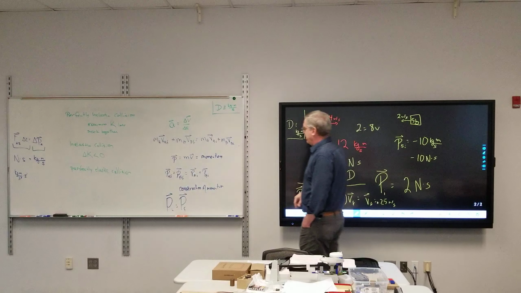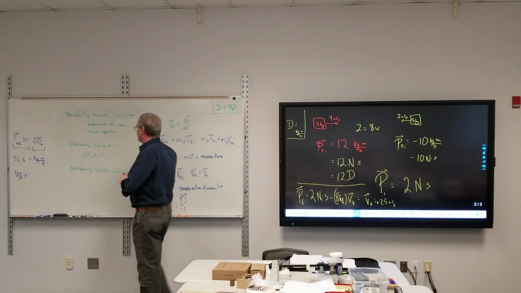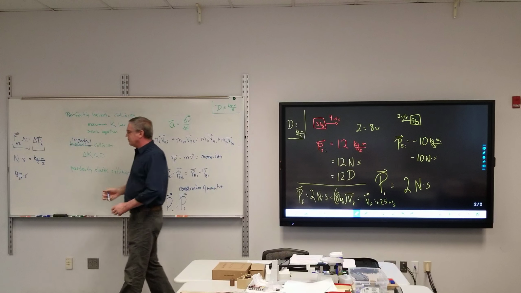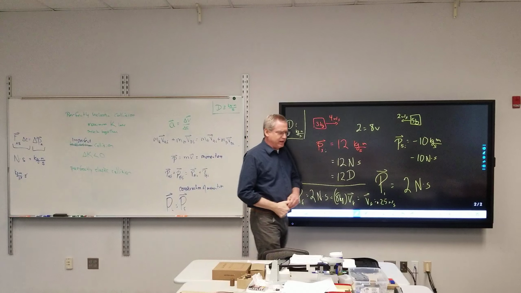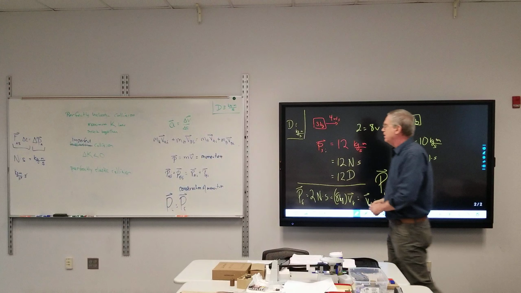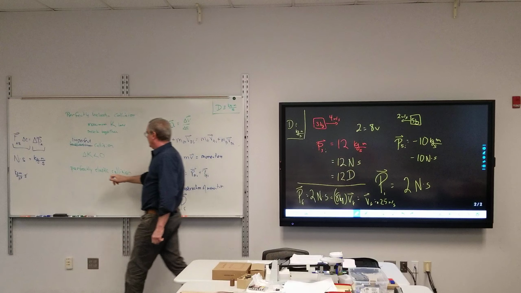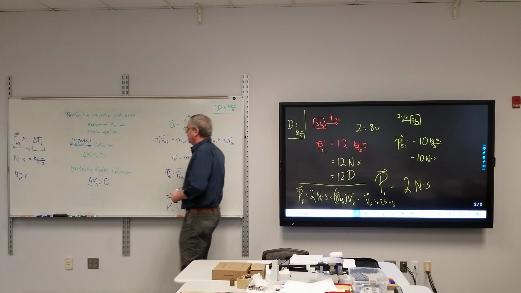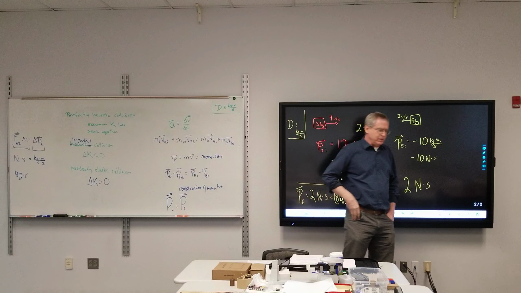Actually, I'm gonna make one change here, not inelastic here. Imperfect. I got my two extremes, which are perfect. One's perfectly inelastic, they stick together. One is perfectly elastic, kinetic energy is conserved. And let's actually write that down there. Delta K equals 0. And then I've got that middle one, which is imperfect.